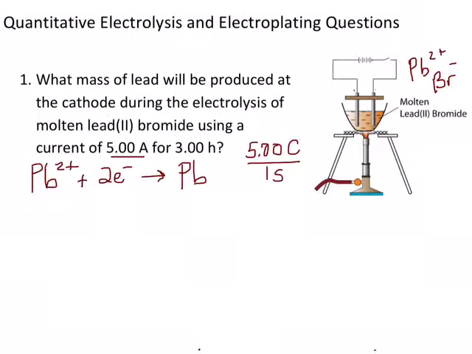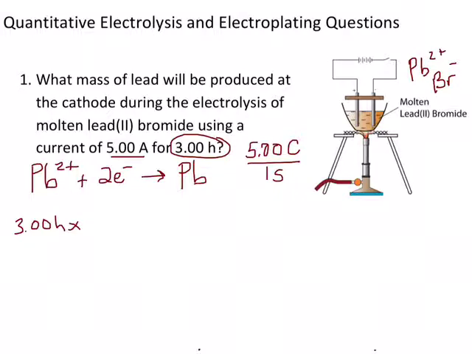So now we can jump in with some unit multipliers. We'll start with the time because we don't want to start with the current. We'll start with the time, 3.00 hours. Now if you know how many seconds are in an hour, then just convert it to seconds with 1 multiplier.